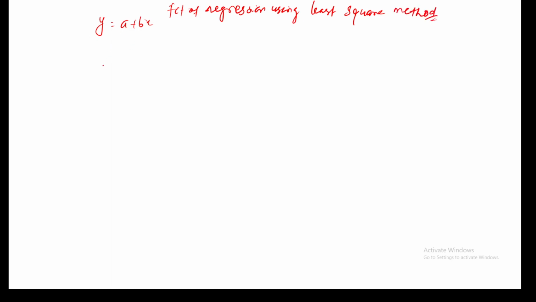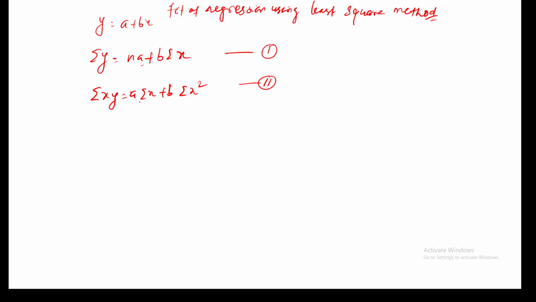So what we have to do first is summation y is equal to na plus b sigma x, and then sigma xy is equal to a sigma x plus b sigma x square. Now solve these two equations for two unknowns a and b, and you will get the answer.